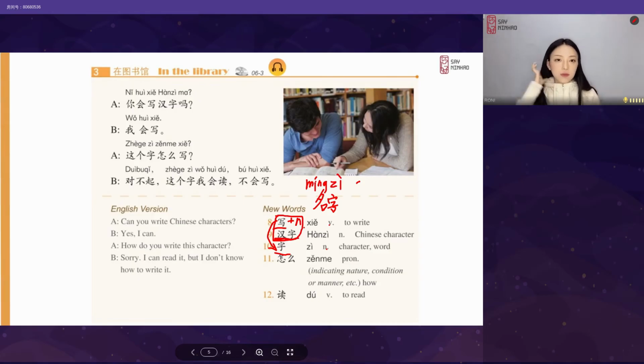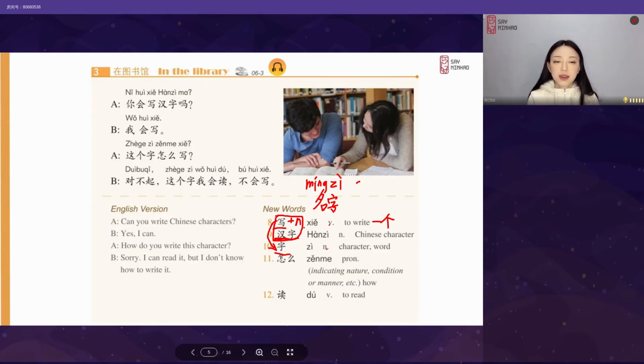Now try to say one Chinese character. One Chinese character. Is it 一汉字? We need a measure word between, so it is 一个汉字. 个 is a very useful general measure word. Okay, 一个汉字. Then how to say how many Chinese characters?